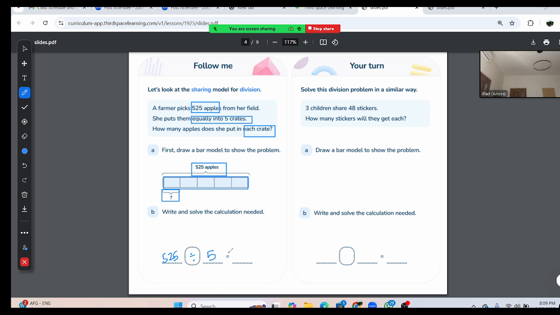Very good. This is correct. Now the next question, it's your turn, solve it.